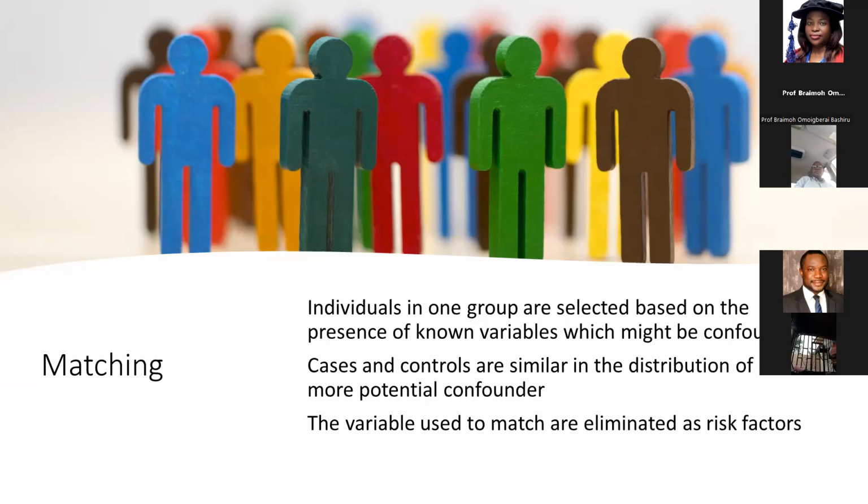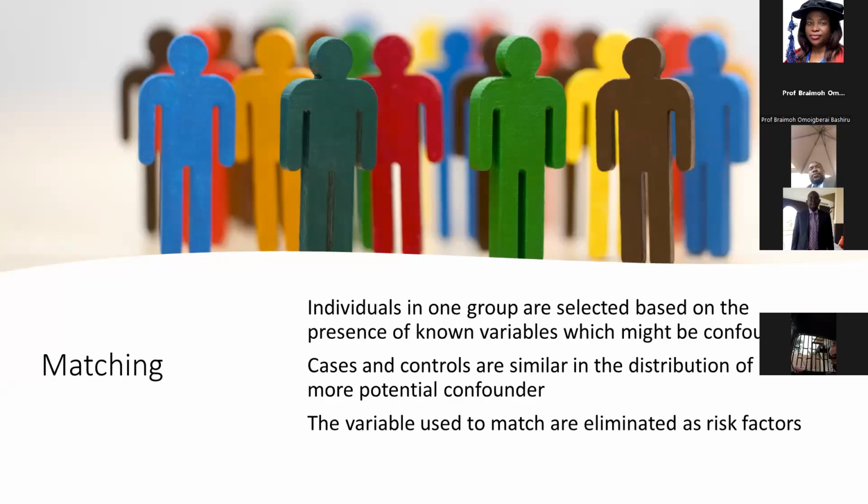So to the exclusion of everybody else, if you're going to do randomization, you will exclude all the males from that randomization cycle, and you will randomize only the females. And then you will put them into that group. It can be done for age, can be done for sex, can be done for any other variable that you're interested in. So once you do that, you have eliminated that variable as a risk factor.